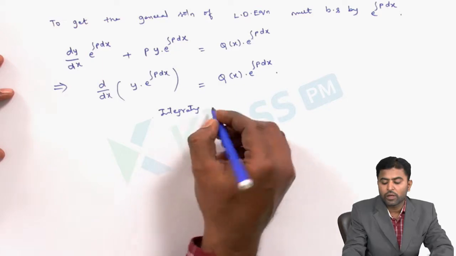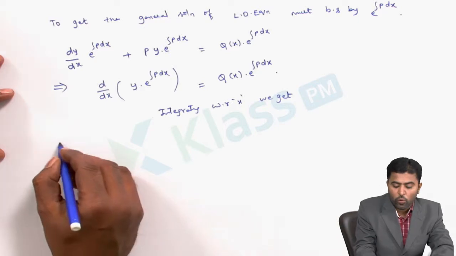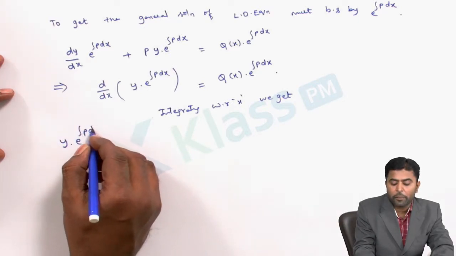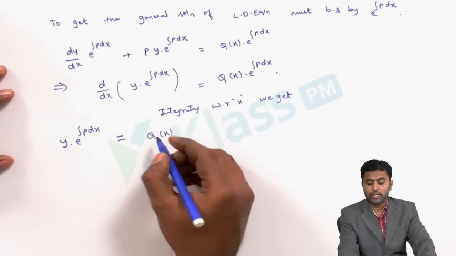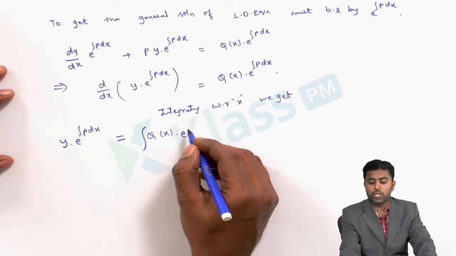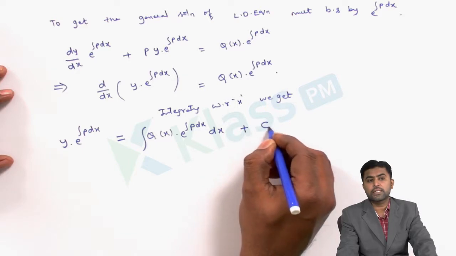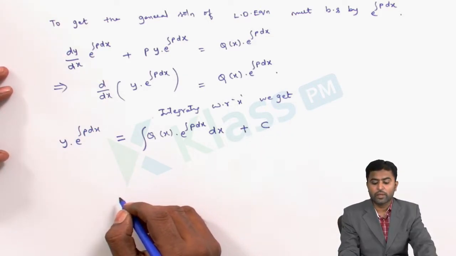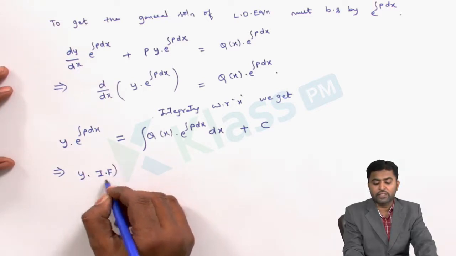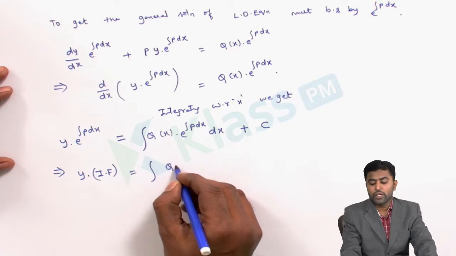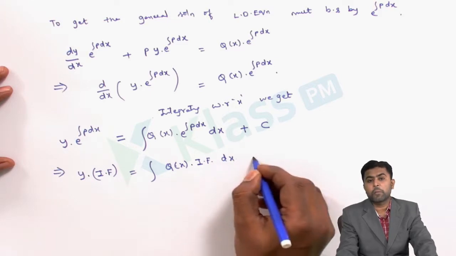Integrating with respect to x, we get y into e power integral p dx is equal to integration of q of x into e power integral p dx into dx plus some integrating constant c, or I can write it as y into integrating factor equal to integration of q of x into integrating factor dx plus c.